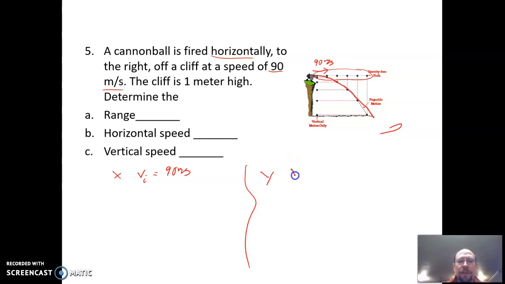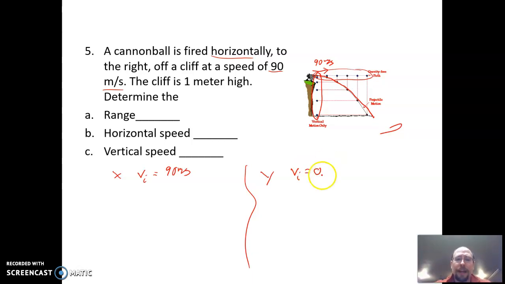And we will also list an initial speed on the y side. On the y side, we actually imagine it following this path, like if it was dropped straight down. But because it was launched horizontally, not up or down at an angle, its initial speed vertically starts at 0.